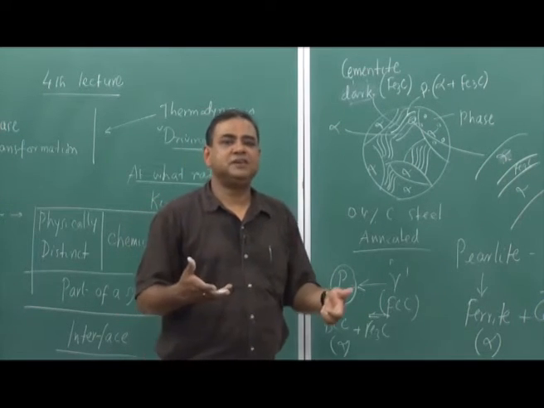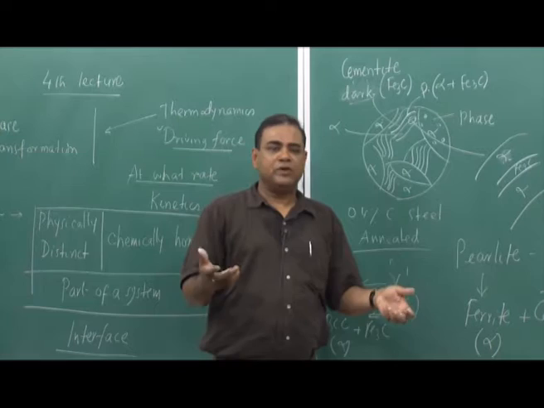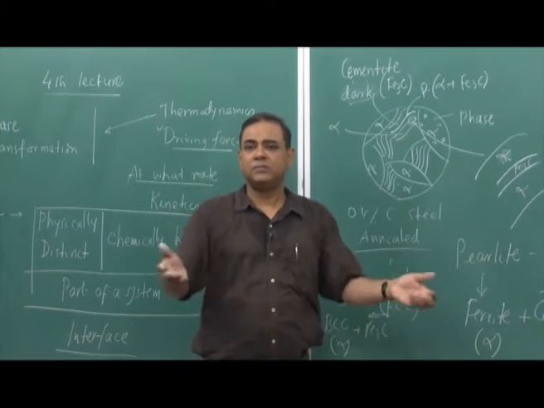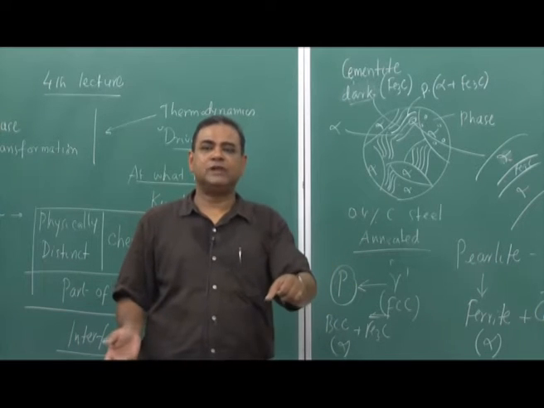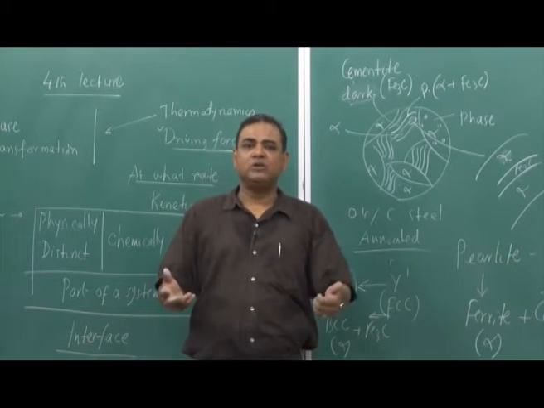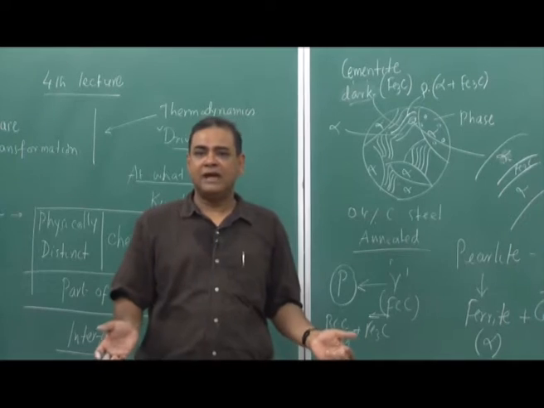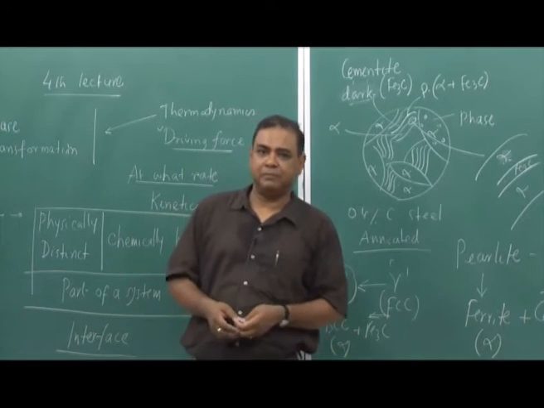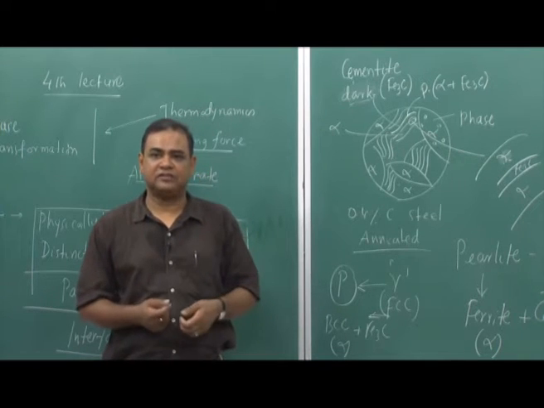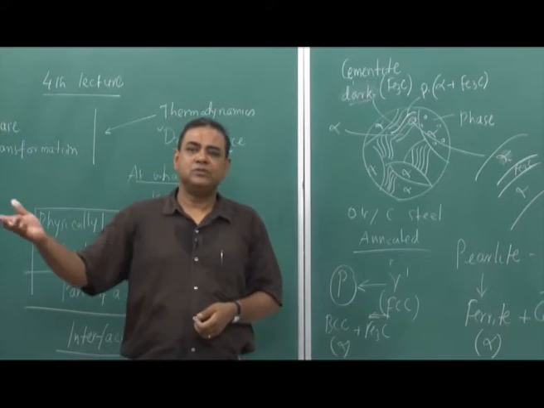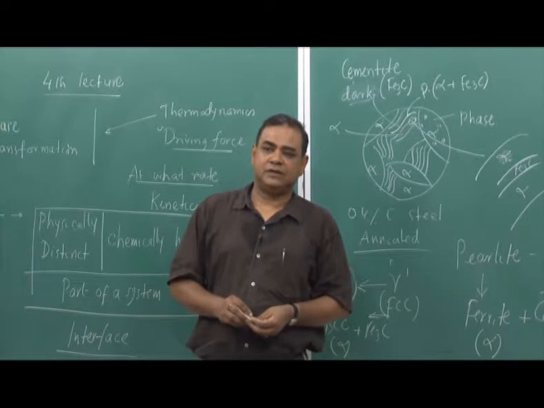In casting, what do we do? We melt metal, we form a mold, and inside that mold we pour the liquid metal, and the liquid metal takes the shape of that mold. We get the desired shape, and with a little bit of machining and processing, we get a final product.